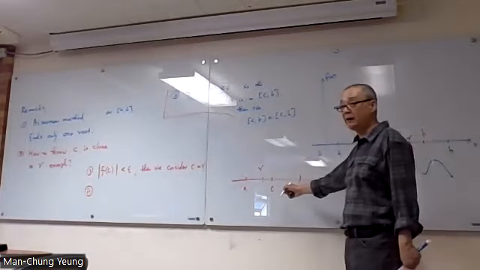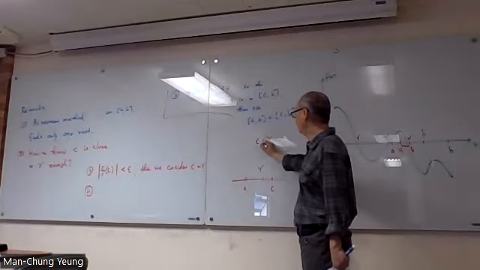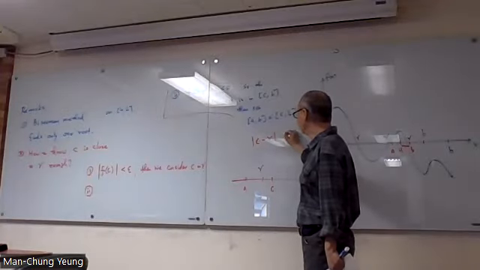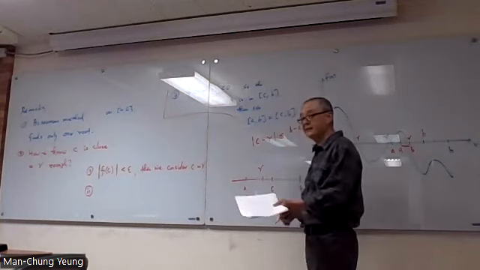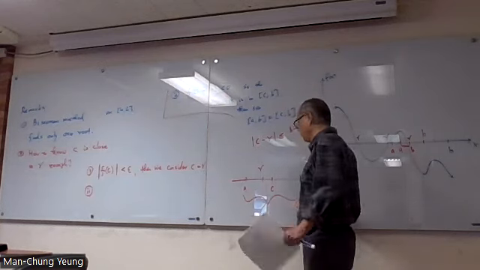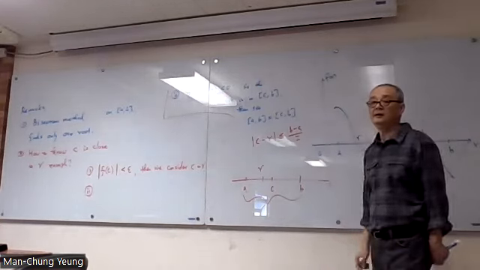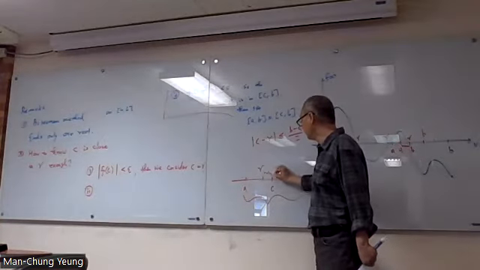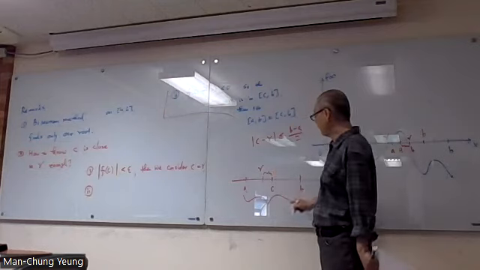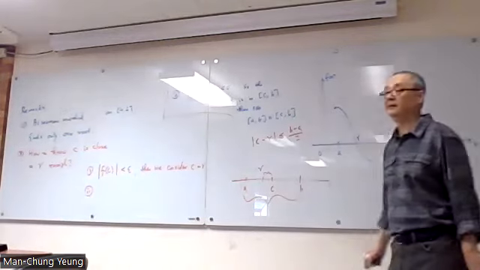From this diagram, we can see that the distance between the midpoint and the root is no greater than half of the interval. b minus a is the length of this interval. So C minus r is at most half of the interval AB.